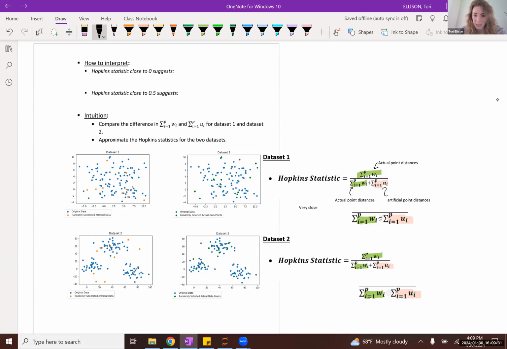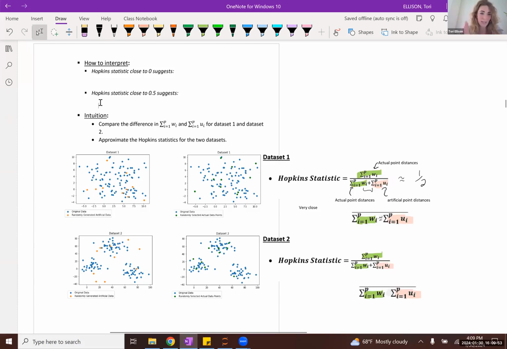So these two values are very close to each other, and therefore this value ends up being approximately equal to 1/2. Generally speaking, that is how we would interpret Hopkins statistics that approach 0.5 from the left.